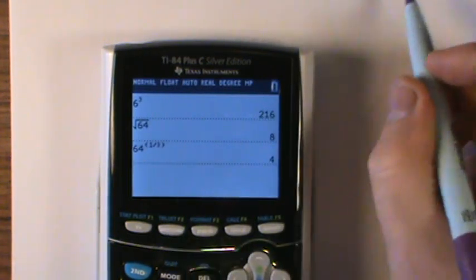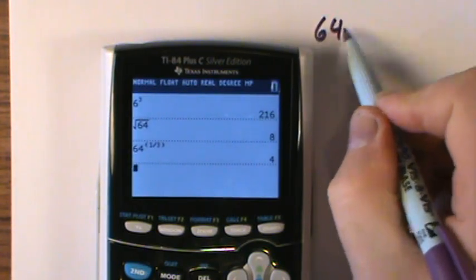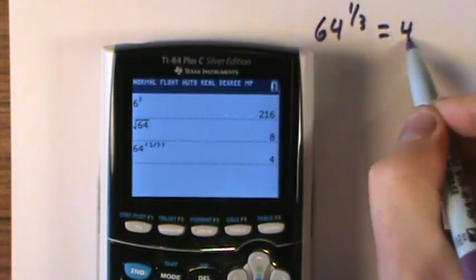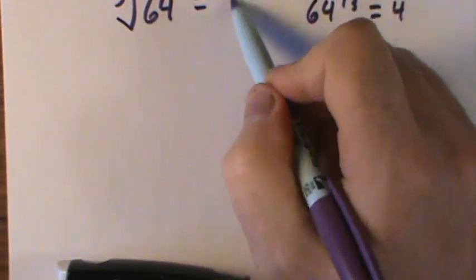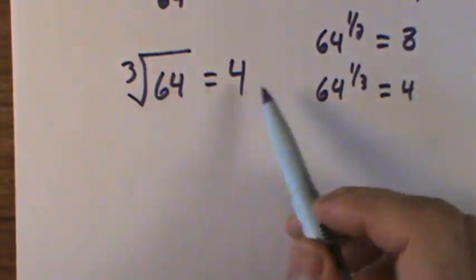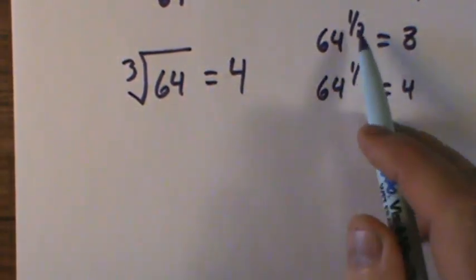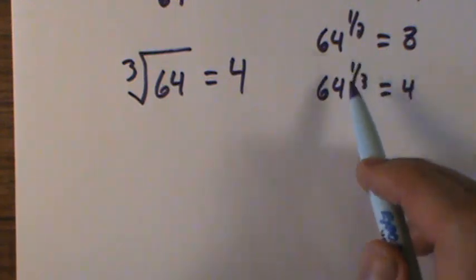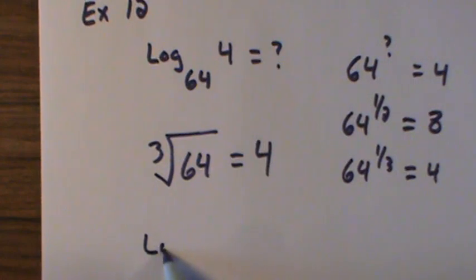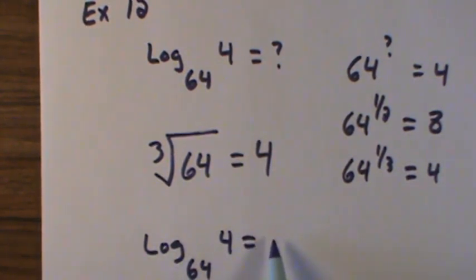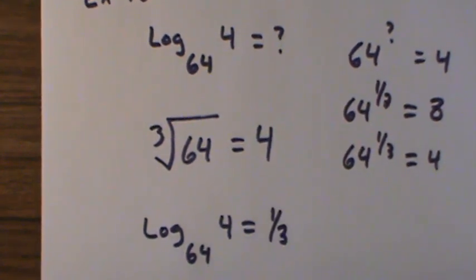And that's what gives me that 4. 64 to the 1/3 is 4, which is equivalent to saying the cube root of 64 is 4. And you may have to play around with that a little bit until you get comfortable with that. Kind of a new concept using fractions as exponents. So for this example 12, I've got log base 64, the answer was 4, and the power that I needed was a 1/3. And I don't want those as decimals, I want those as fractions.